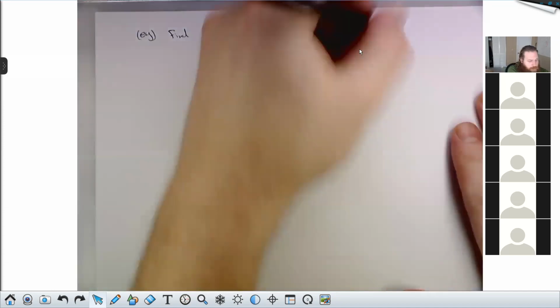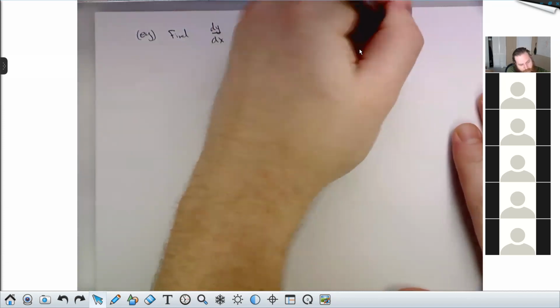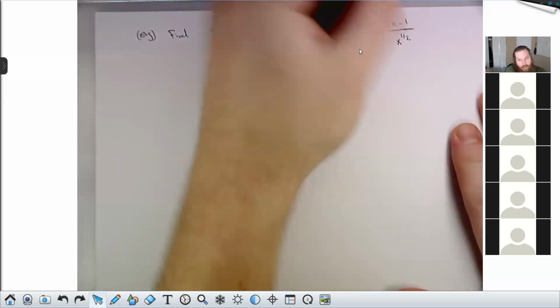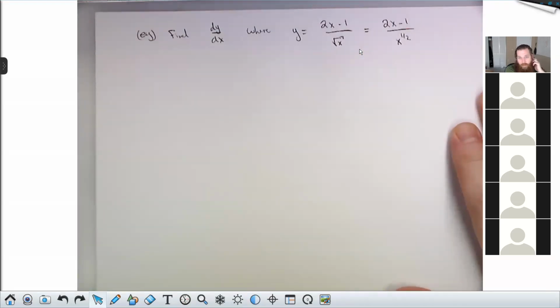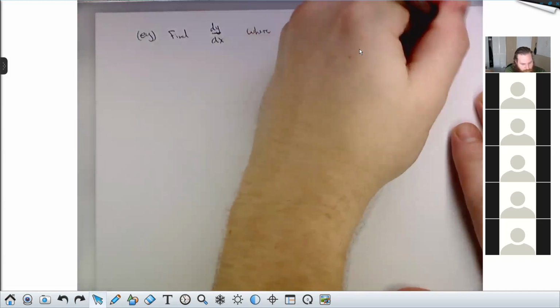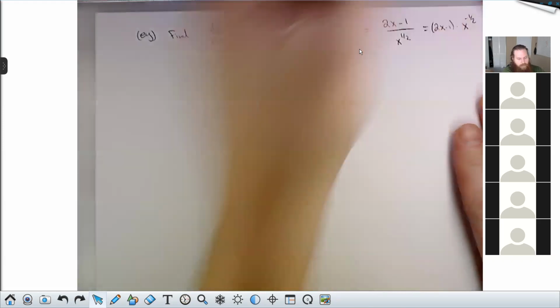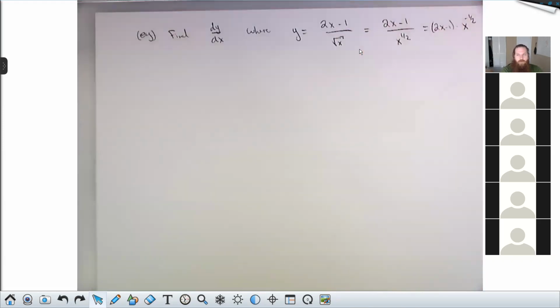So I have the following algebra options regarding the square root of x. I can leave it downstairs as x to the 1/2, or I could move it upstairs. This would be 2x minus 1 times x to the negative 1/2. Those are all kosher moves.